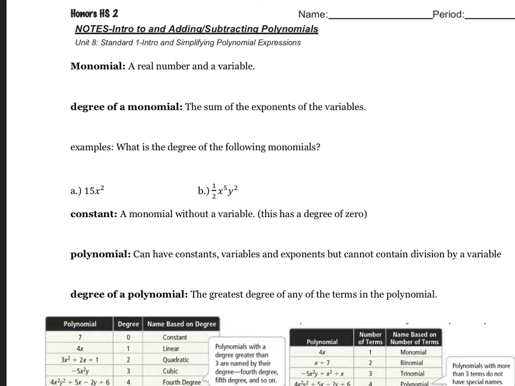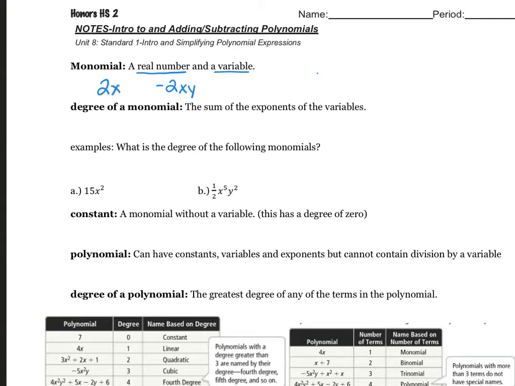So a monomial is a real number and a variable. So for instance, 2x would be a monomial. Negative 2xy can have more than one variable, would be a monomial.